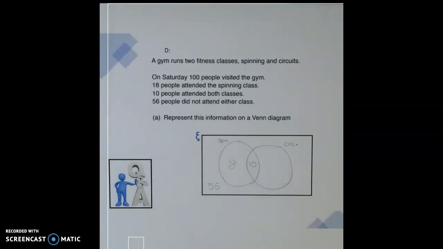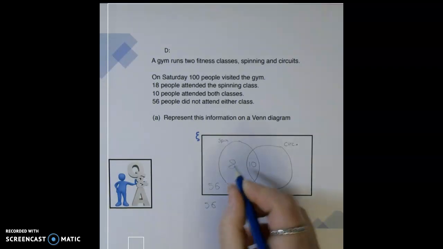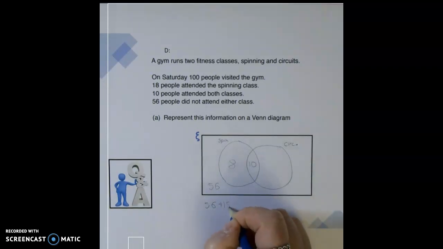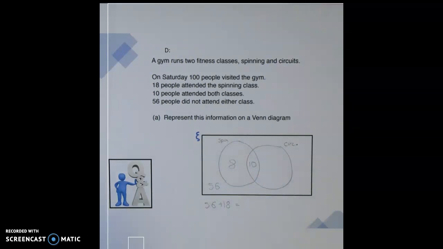So we know that there are 56 people down here at the bottom that didn't attend either class. So how many people went to the circuits only? So we know that there are 56 and there are 18 here. So if we added both of them together, that would give us 74.